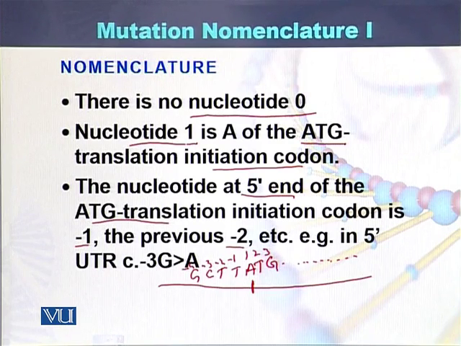So the first nucleotide of the ATG is nucleotide 1, while all the nucleotides which are present on the 5' end, take this one as the 5' end of the gene and this one as the 3' end of the gene, those nucleotides towards the 5' end will be marked as -1, -2, -3, while those nucleotides towards the 3' end will be marked as 1, 2, 3, 4 and so on.